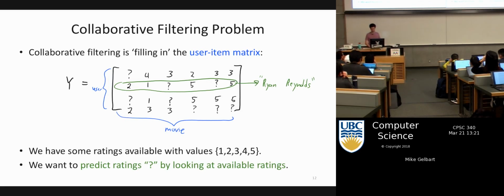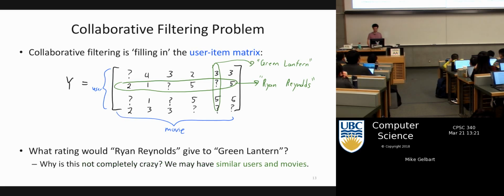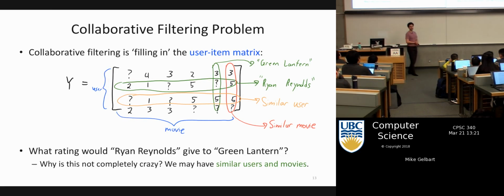Okay, so let's say we have some randomly chosen user and some randomly chosen movie, and we want to figure out what to predict. And Tom was right on, so user 2 and user 3 are pretty similar in this case, and maybe that can help us.